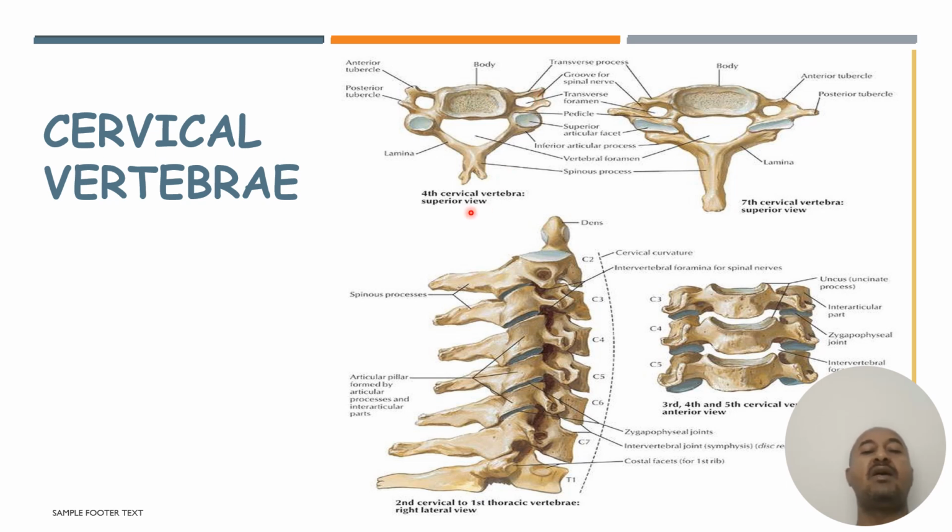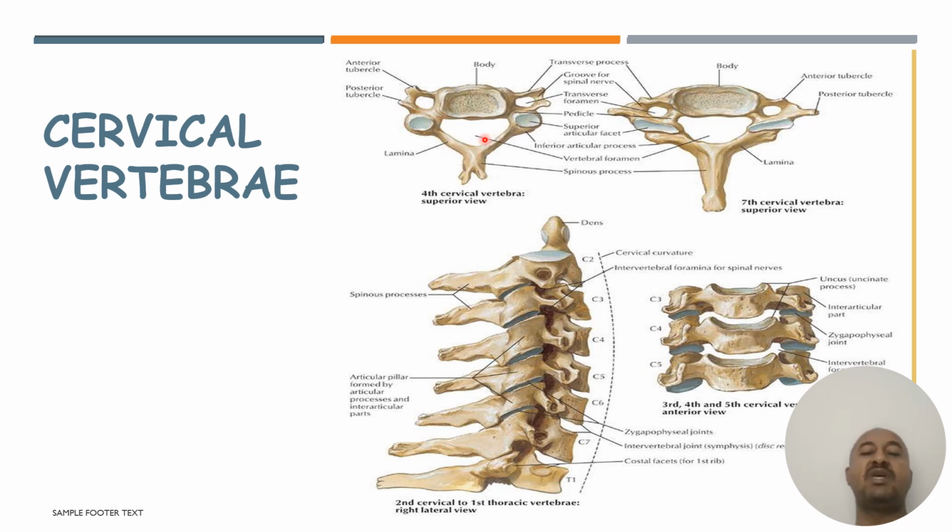And they also share this feature, which is the bifid spine. The spinous process of the cervical vertebra is divided, and is bifid. So small vertebral body, transverse foramina in the transverse process, and bifid cervical spine. These are the main features of all typical vertebrae.